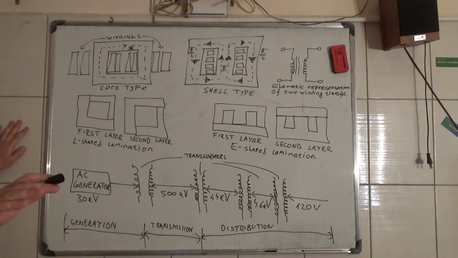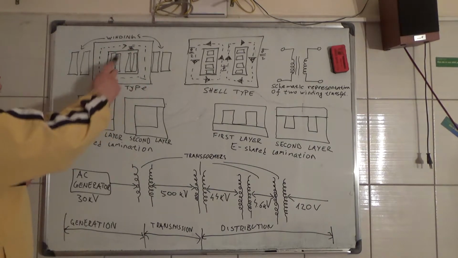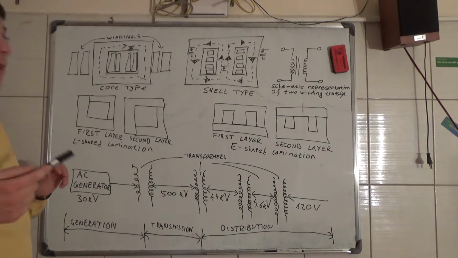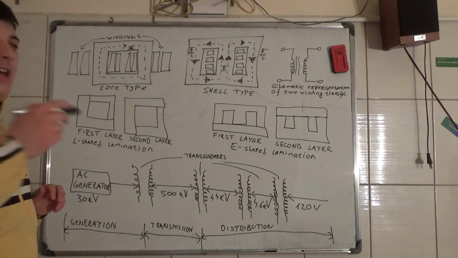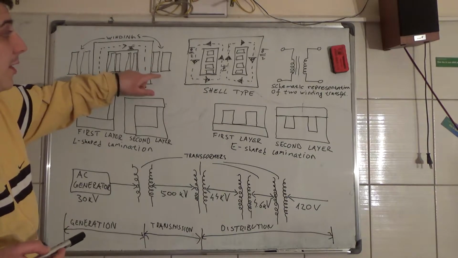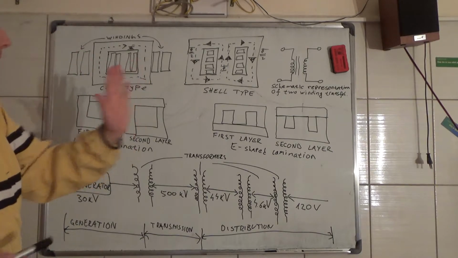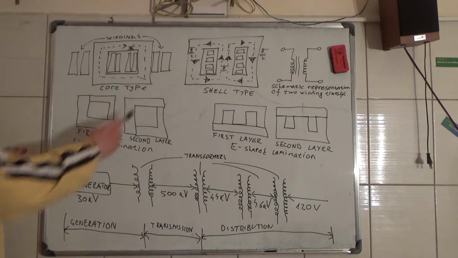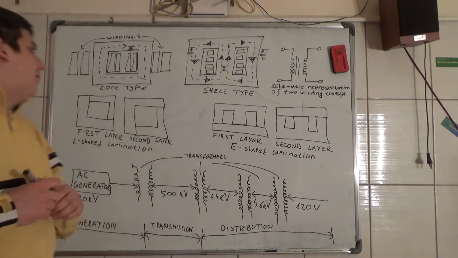Transformers don't generate electrical energy, they just step up and step down the voltages. So both windings share the mutual flux, and by Faraday's law, e equals the number of turns times the change in the magnetic flux, then you will have an induced voltage on the secondary winding, where the energy goes out.